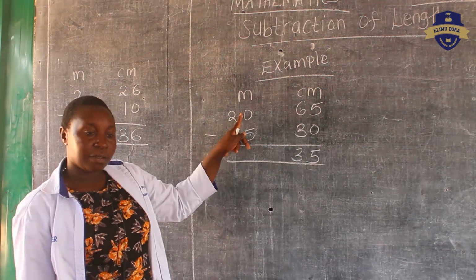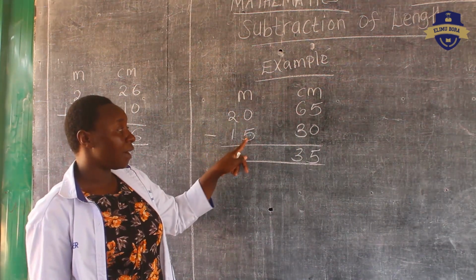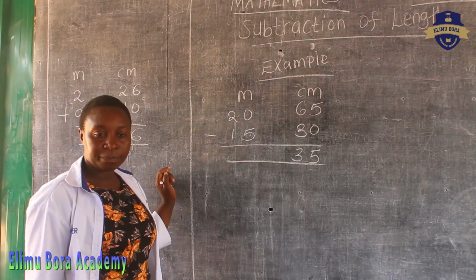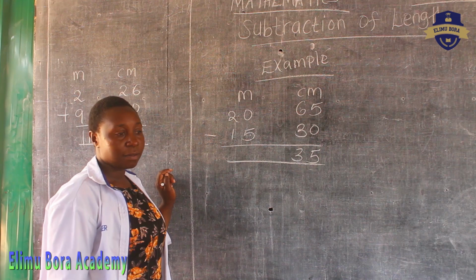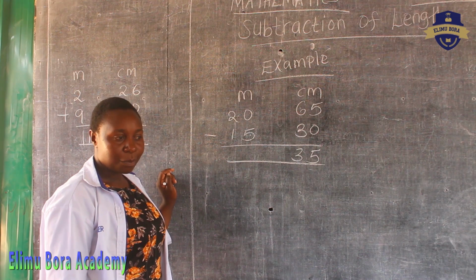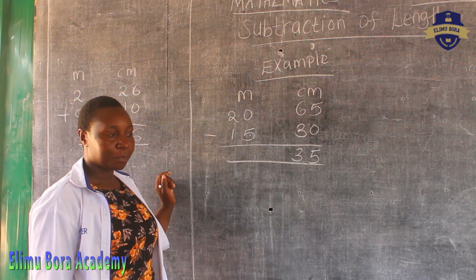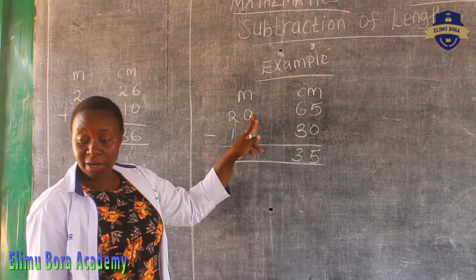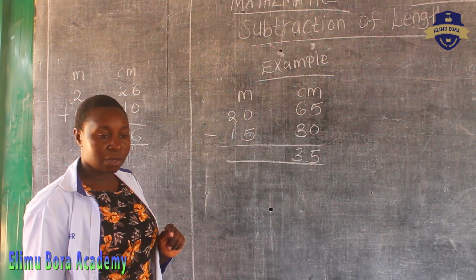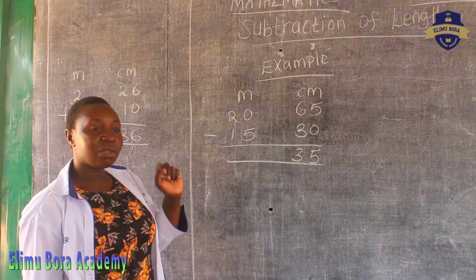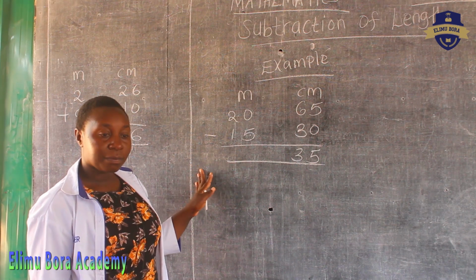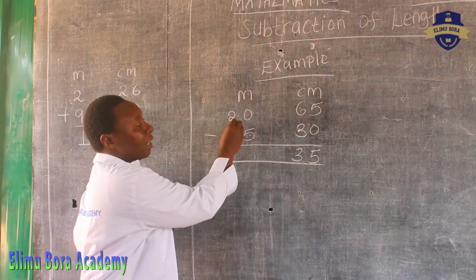Then we come here. We are having 0 centimeters and here we are having 5 centimeters. What are we going to do here? Can we subtract 5 from 0? Is it possible? What are you going to do? Salman, what are we going to do? You carry or you borrow.